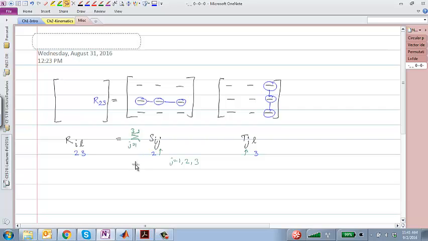Make sense? So you need to start recognizing these types of expressions where I say Sij, and the second index of S and the first index of T is repeated. So that immediately should click with you that this is matrix multiplication.